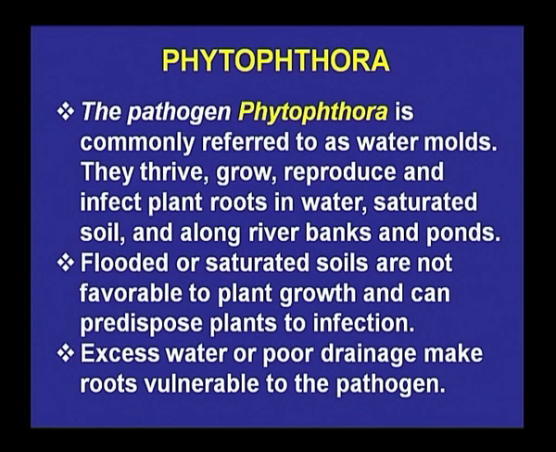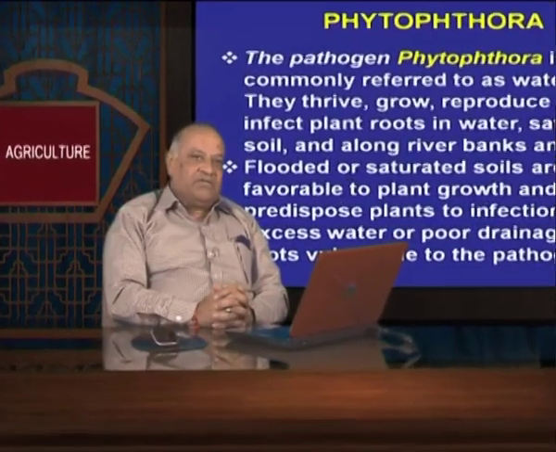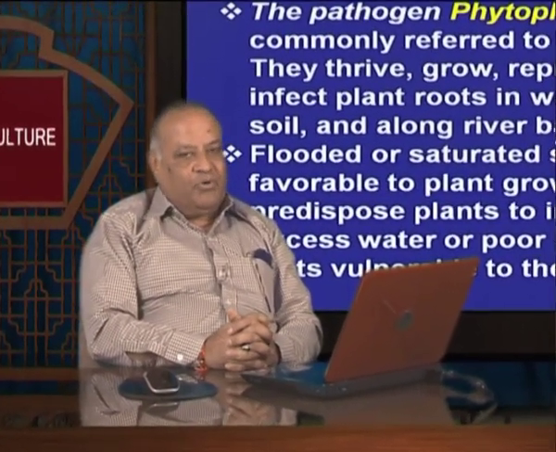Flooded or saturated soils are not favorable to plant growth and can predispose plants to infection. And third, excess water or poor soil drainage makes roots vulnerable to the pathogen. By this way, we learned that for Phytophthora, soil drainage is a very important point.